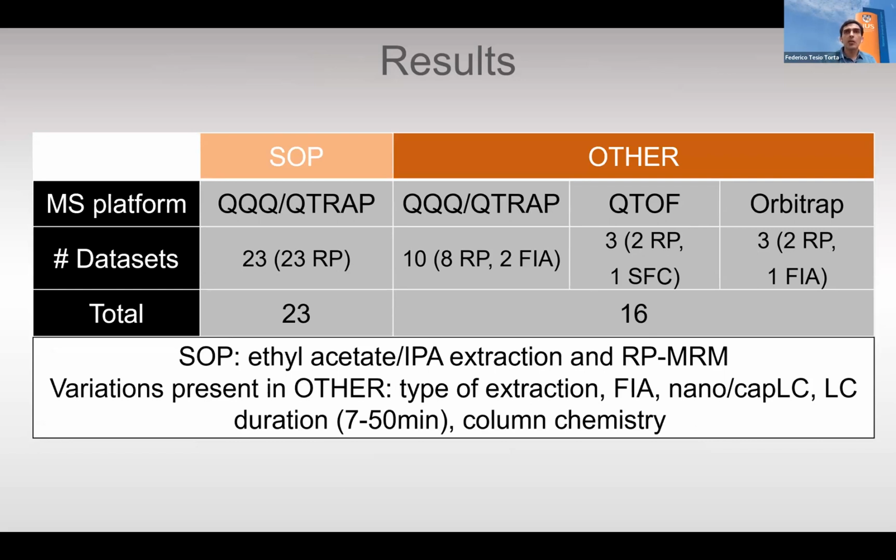While the SOP method only included reverse phase separation and triple quadrupole or Q-trap-based analysis, the preferred methods were also performed using either reverse phase or flow injection, in one case supercritical fluid chromatography, nano or capillary LC, and also high resolution MS. So we tried to compare all these results, but of course we have to be fair and say that the number of labs contributing, for example, high resolution data or separation different from reverse phase was quite small for a proper comparison between platforms.